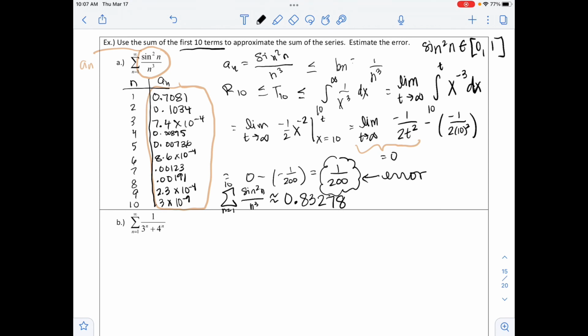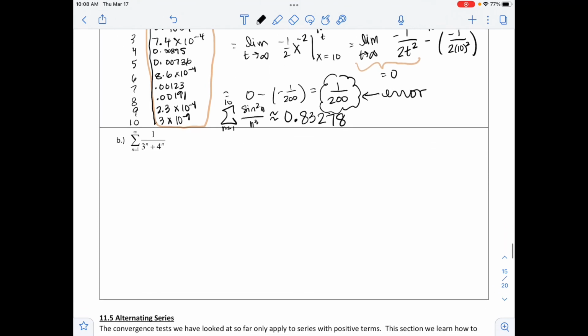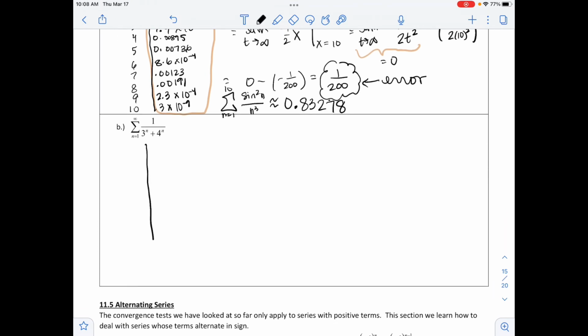We're going to go ahead and look at part B. And for part B, we're going to do exactly the same thing. I'm going to make another table here. It says the first 10 terms. And so go ahead and write n and a sub n. So n going from 1 to 10.